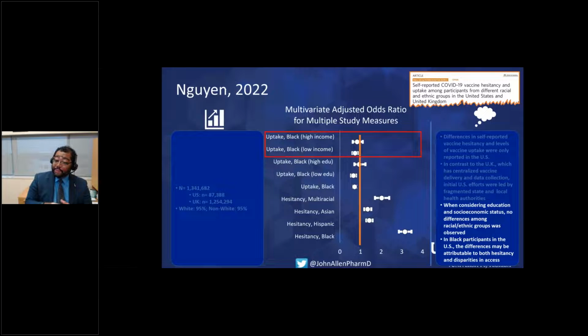In particular, when we look at Black patients, the differences that we see here, where high income patients and high education patients didn't have any differences with uptake, but low income and low education patients did, illustrates that some of the differences may be due to hesitancy, but it's more likely due to disparities in access that are driving those differences.